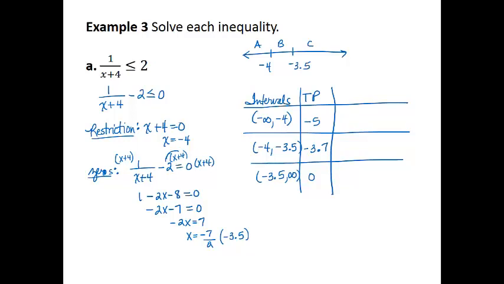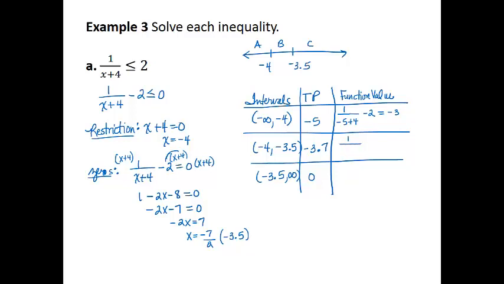And then when we replace the variable with these values, we want to determine if the function value is positive, negative, or so on. When we substitute negative 5, we get 1 divided by negative 5 plus 4 minus 2. And so what is that? 1 divided by negative 1, which is negative 1 minus 2, which is negative 3.